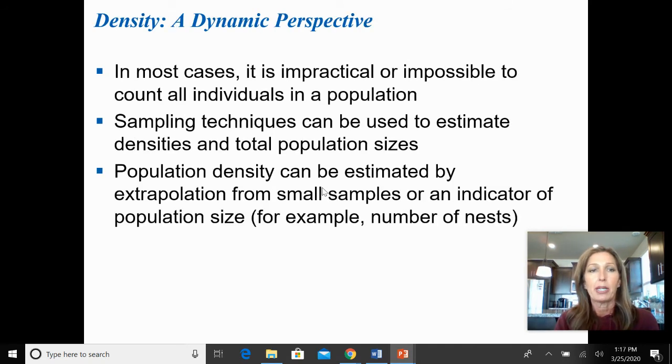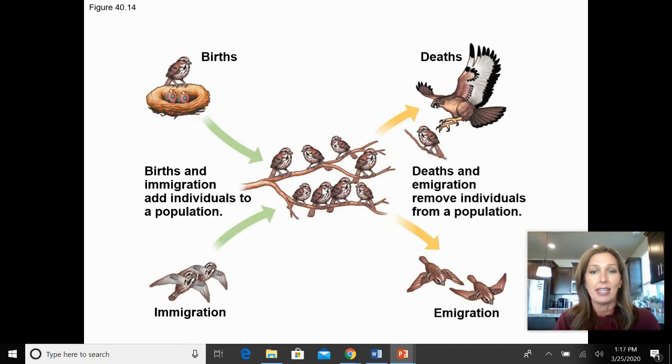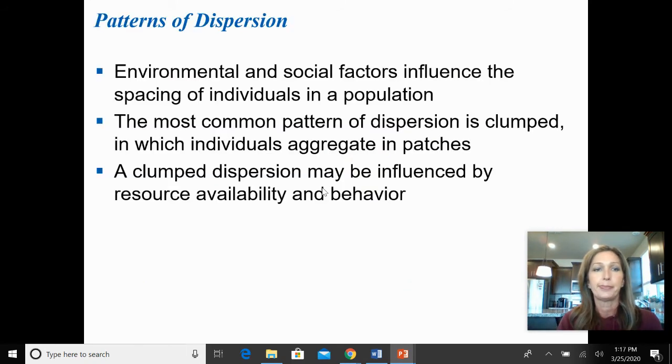Things that affect density are going to be birth rate and immigration. Those are factors that are going to increase the density of a population. Death rate and emigration are going to decrease the density of a population. Those should be pretty logical understandings of things that affect your population size or your density, which is the number of individuals per given area.